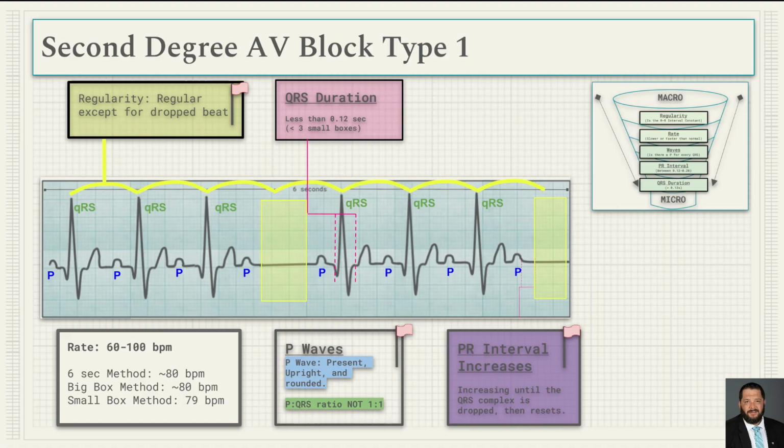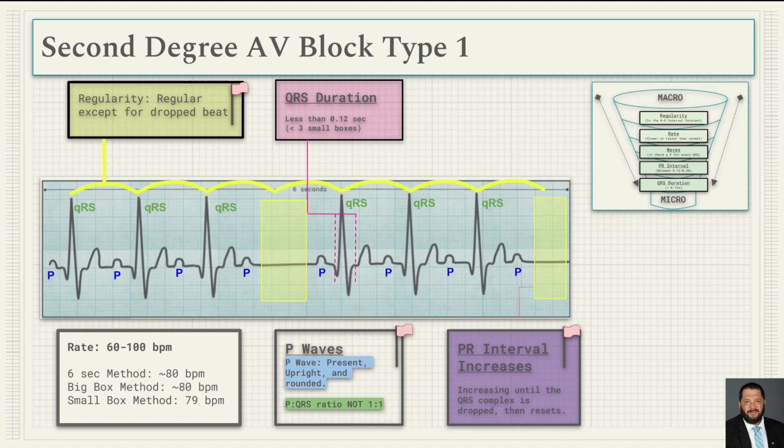This looks familiar to the sinus arrest rhythm we talked about, with one distinct difference. The period of electrical silence that exists here contains a P wave.